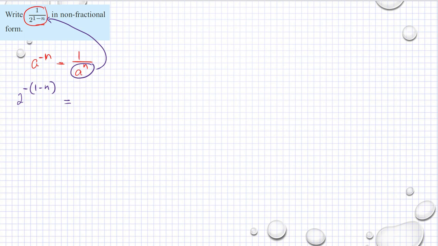So it will become negative. Yeah, right now it is positive. It will become negative as I did here. Then simplify, 2 raised to negative 1 plus n. Simplify more. That means 2 raised to n minus 1.